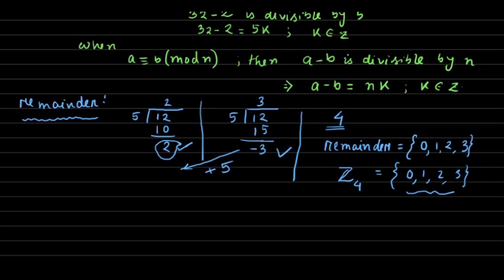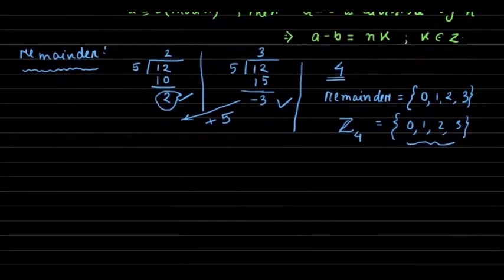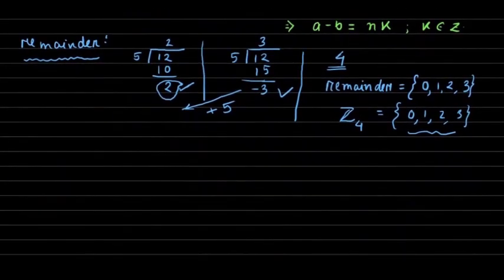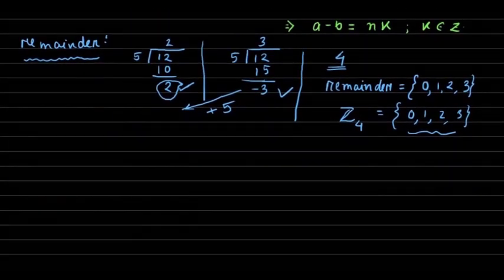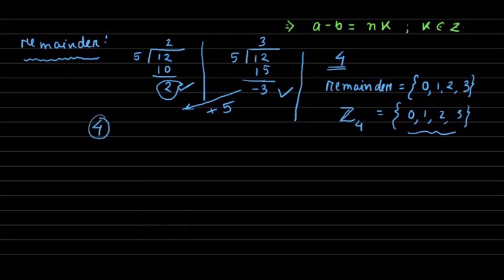So if we are dividing a number by 4, then one can get a remainder of, let's say, -1. Then what will be the acceptable value? Just add 4, and the remainder will be 3.